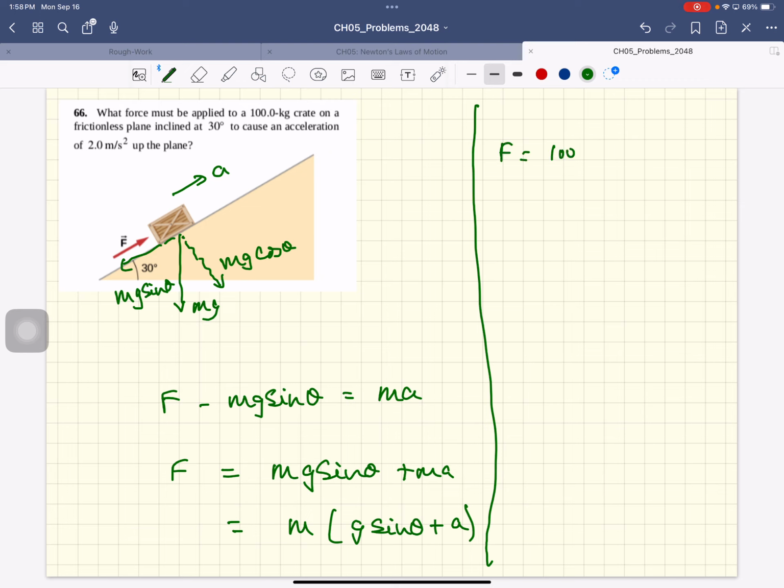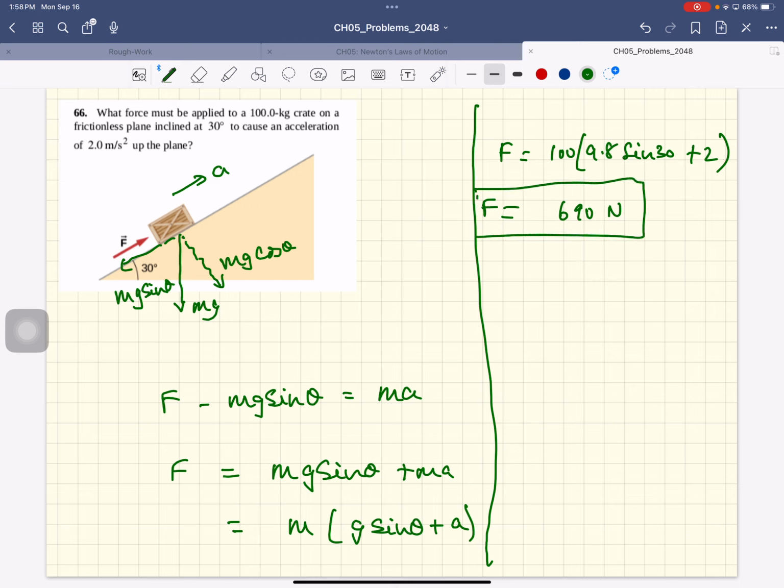So 100 kgs times 9.8 sine 30 plus 2. So 690 Newton. That's the force you have to apply.